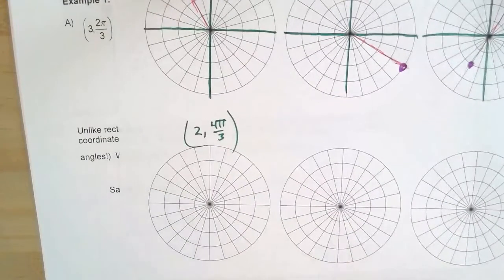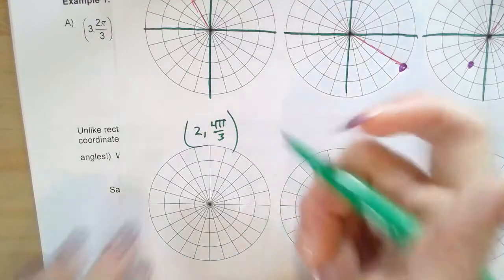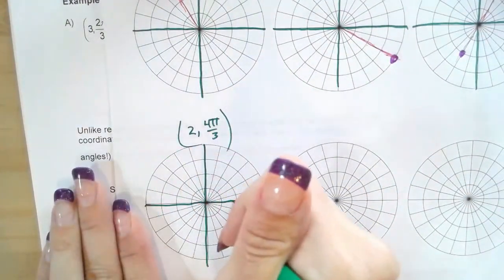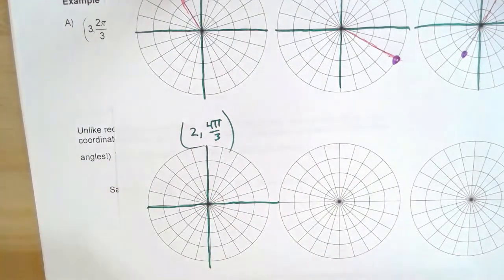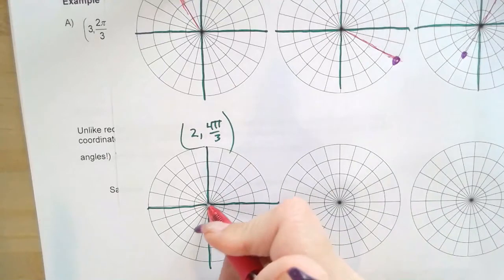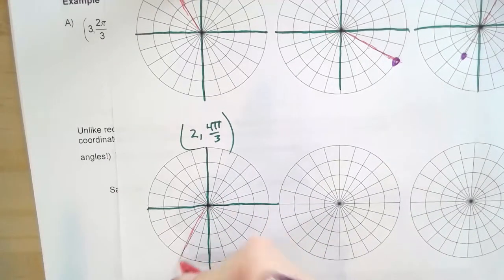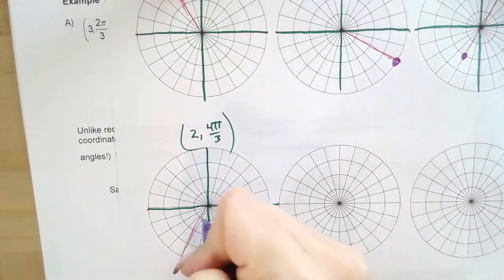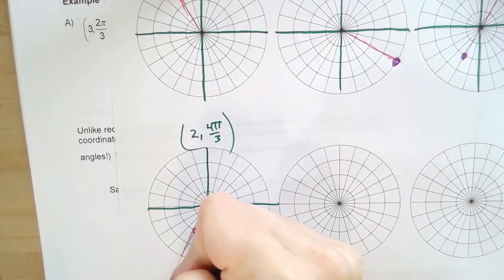That means if we go to 4 pi over 3, which is down here, and then we go 1, 2, what do you know?